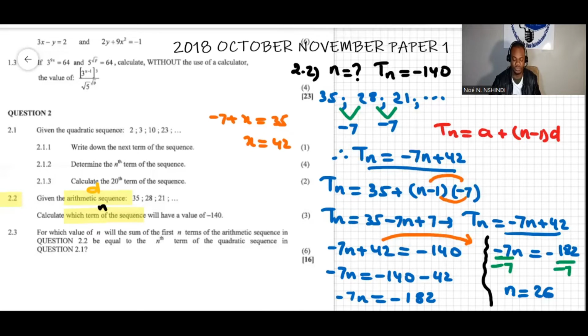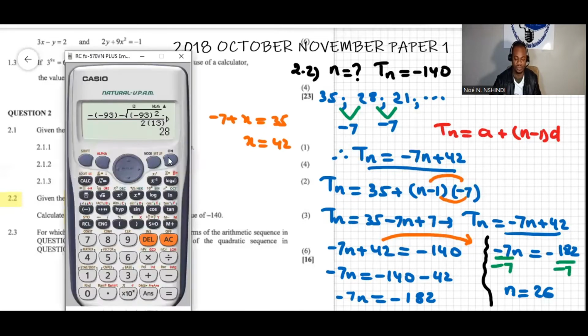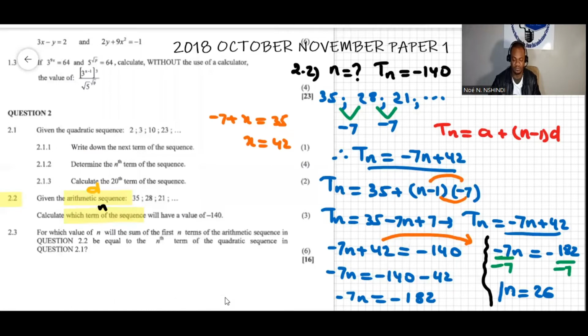If you're not sure, you can use a calculator: negative 182 over negative 7. This is equal to 26. So negative 140 is the 26th term. So n equals 26.